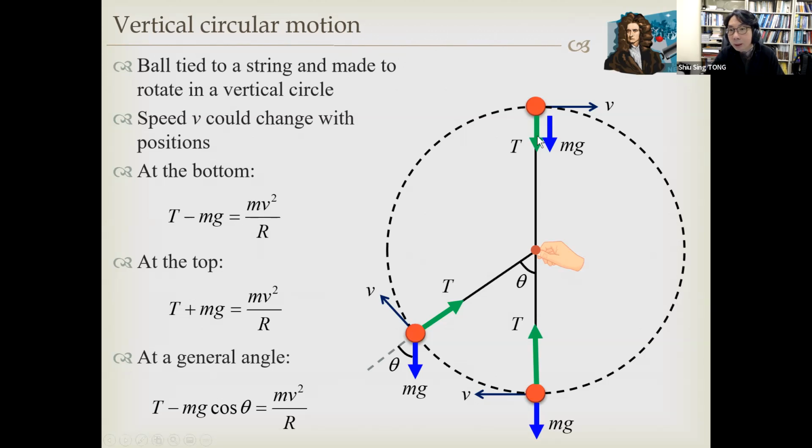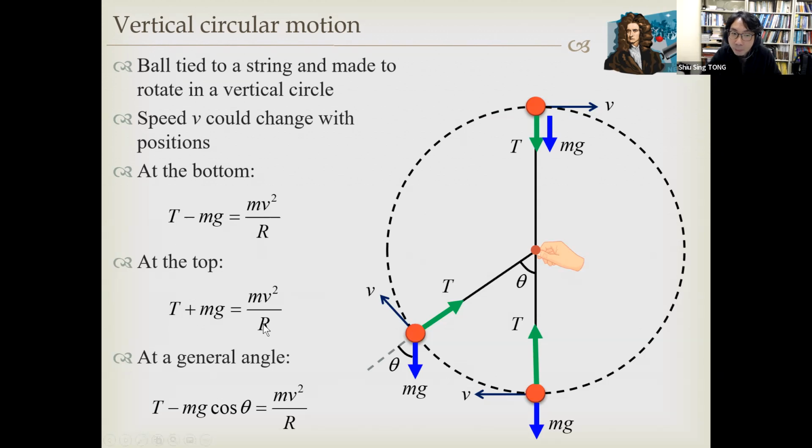Okay. Now, but how about if the body is at the top? If the body is above the point of suspension, then what will happen? Now, you can see that the string is now pulling the body downwards, and the gravity force is also pulling the body downwards. So they are in the same direction, right?